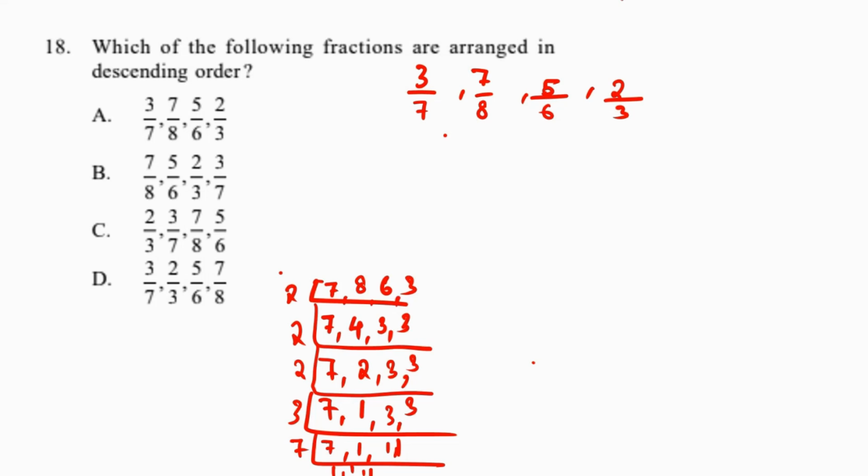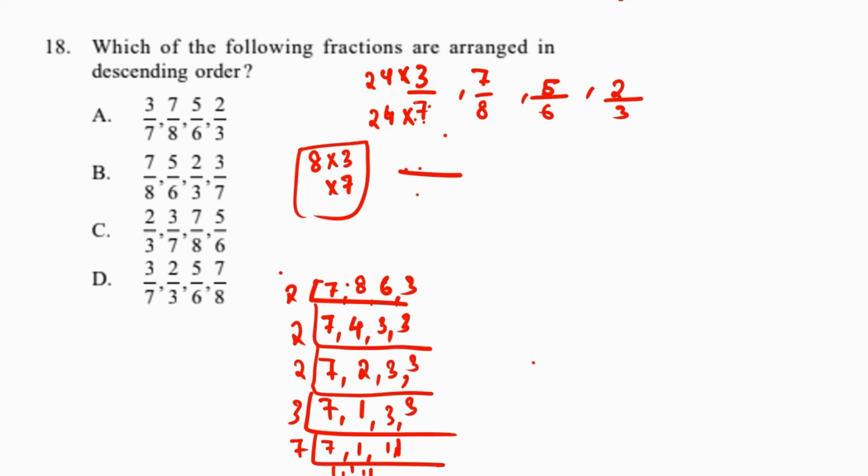Now, if we have to convert them to their LCM, it's 2 into 2 into 2, 8, multiplied by 3, multiplied by 7. Let's ignore the denominator. If the denominator 7 has to be converted to this common LCM, it should be multiplied by 8 into 3, 24. So we multiply 24 on top as well.